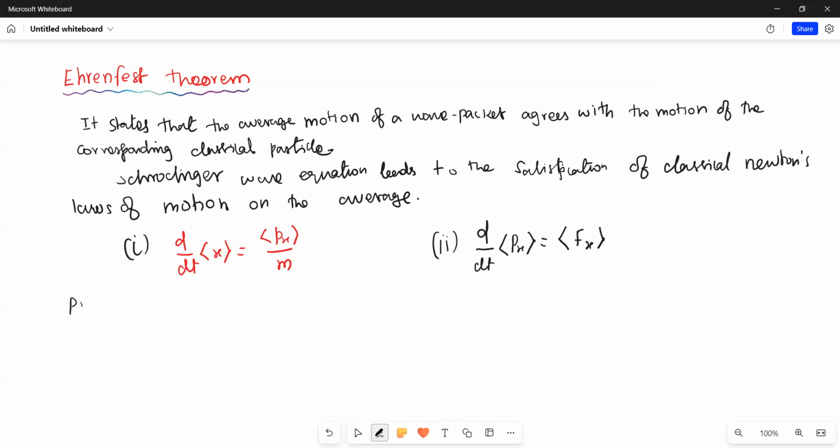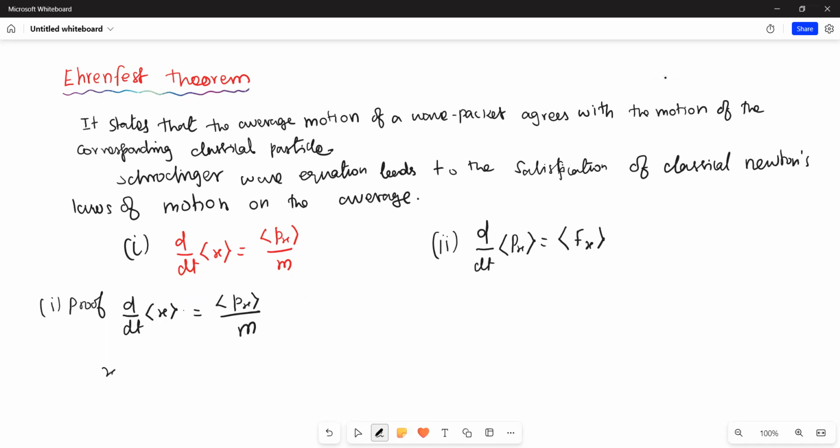First, consider the first proof: d by dt of the expectation value of x, that is nothing but the expectation value of px by m.